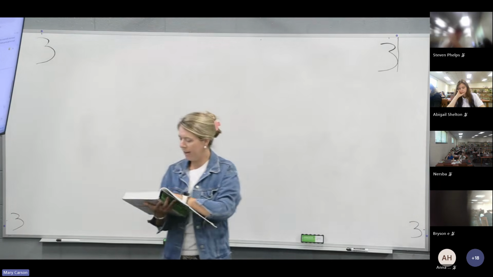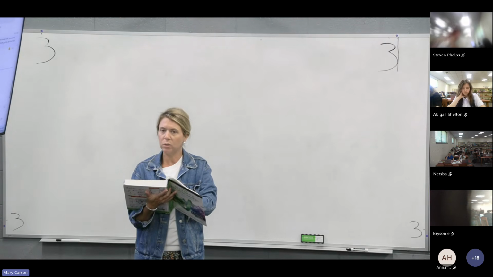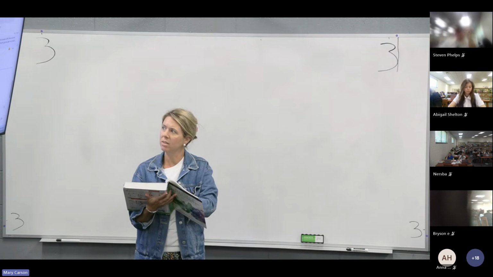Question 30, you should have gotten x to the third plus 4x squared minus 4x plus 6.